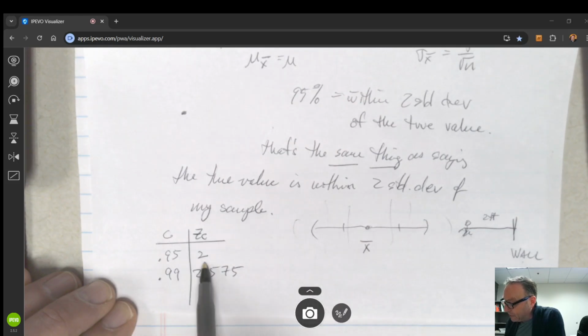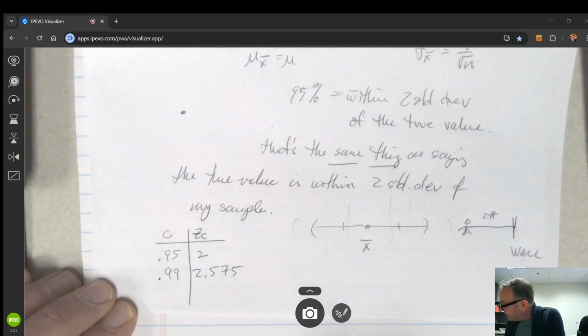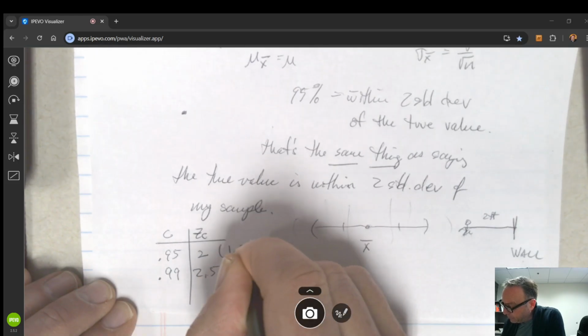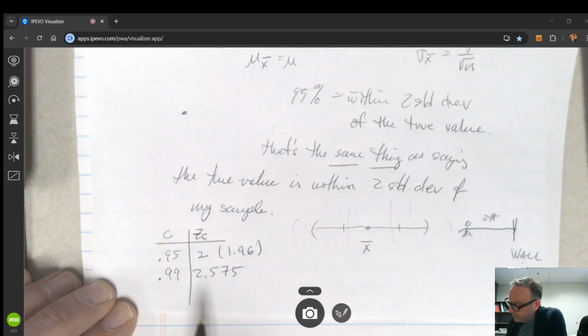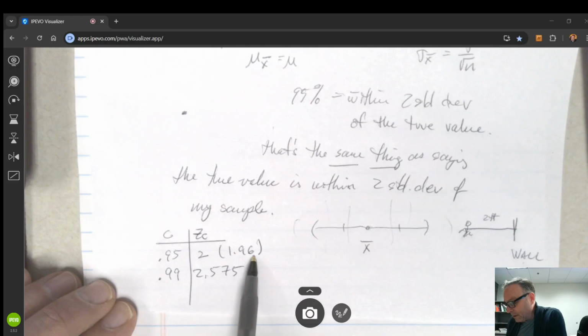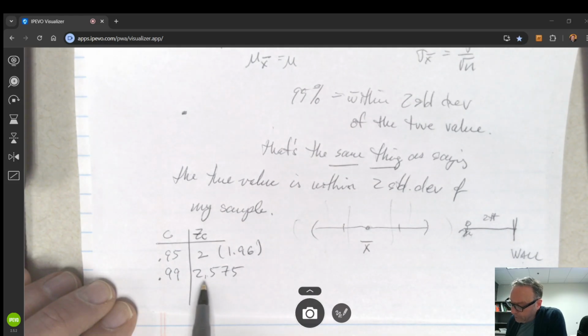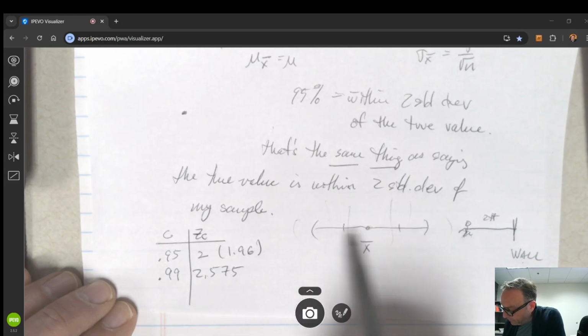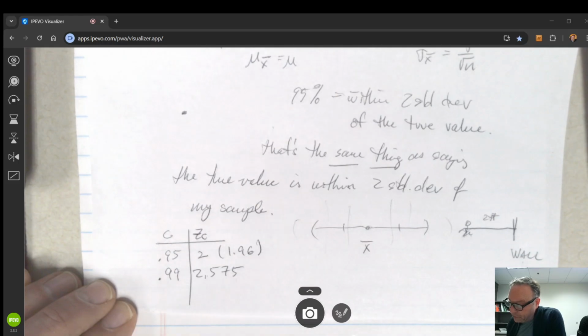The 95 is 2, which is kind of an approximation for 1.96. So 2 standard deviations gives me 95% confidence, but actually it's 1.96 standard deviations. And 2.575 standard deviations, even farther out, gives me a 99% confidence interval.